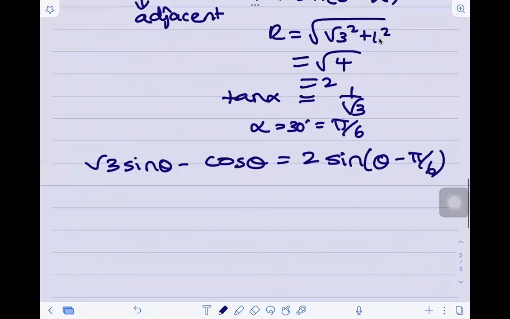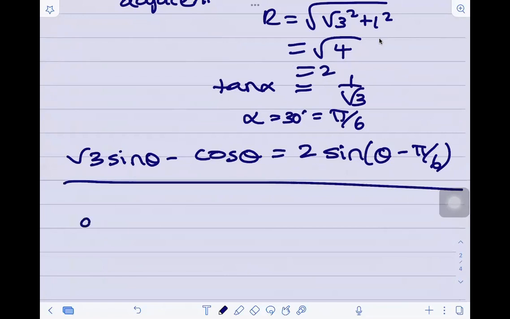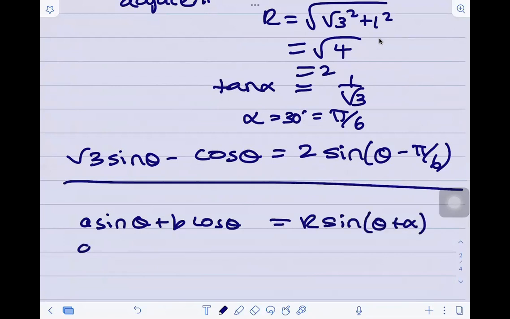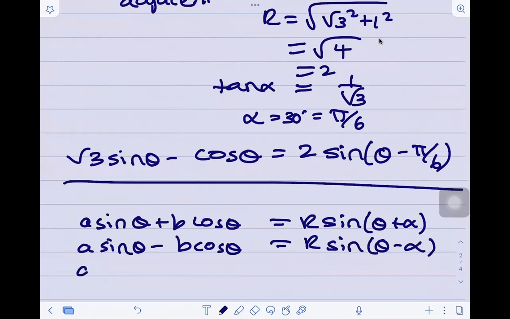So in summary, basically, if you have a sine theta plus b cos theta, that can go to r sine theta plus alpha. A sine theta minus b cos theta, that goes to r sine theta minus alpha. See sine, same sign.